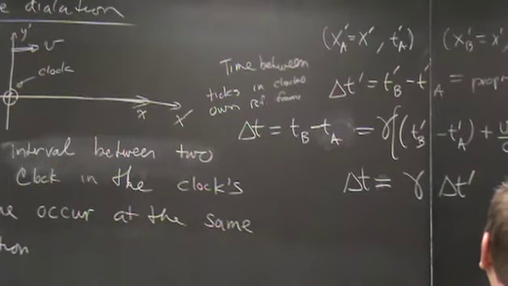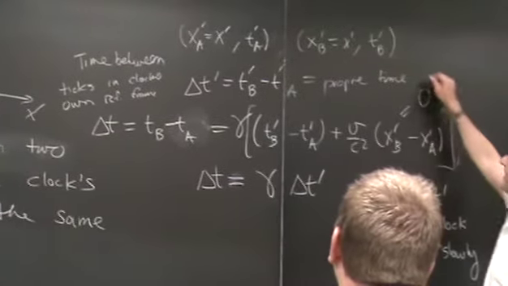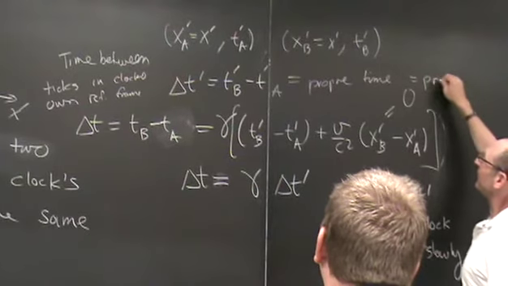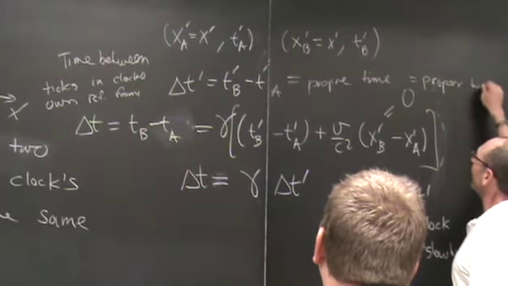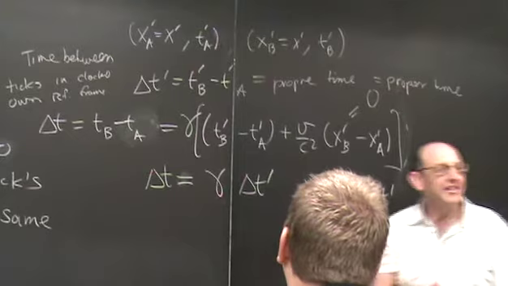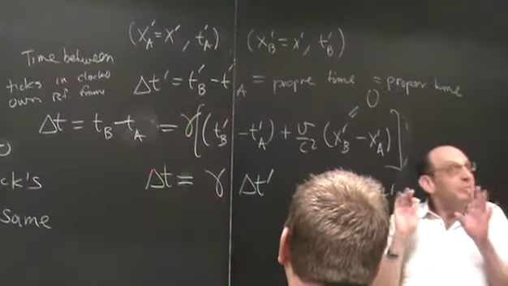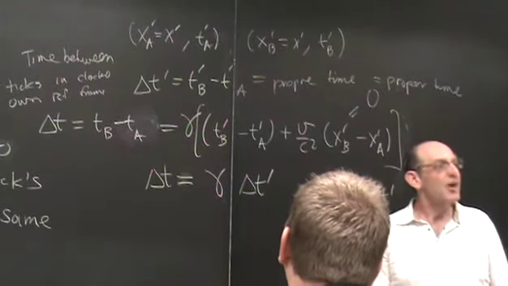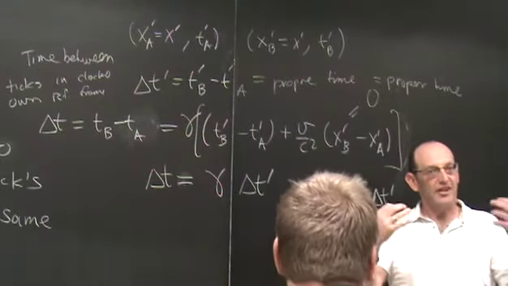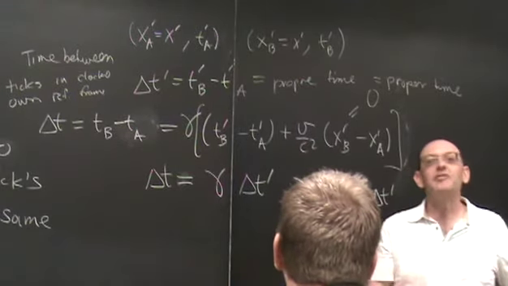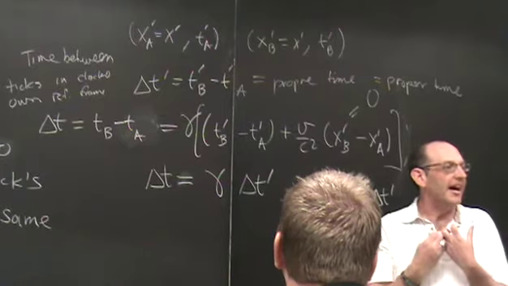But sadly, it got translated into English as the proper time, which gives a totally wrong connotation, because it has nothing to do with being prim and proper or the correct time. Proper means propre, your own time, the time you see in your reference frame if you are the clock.